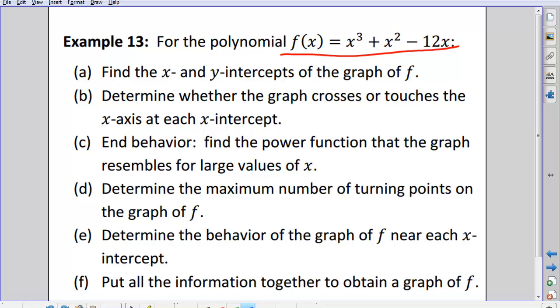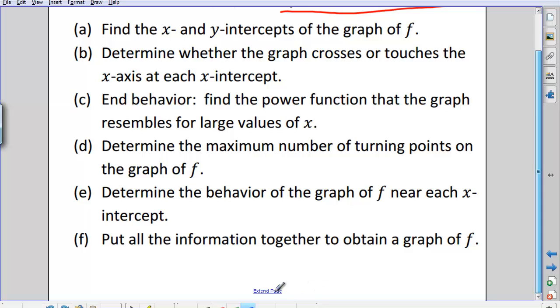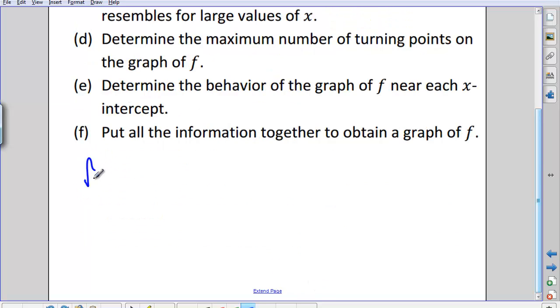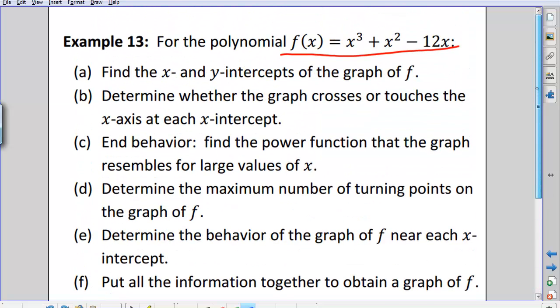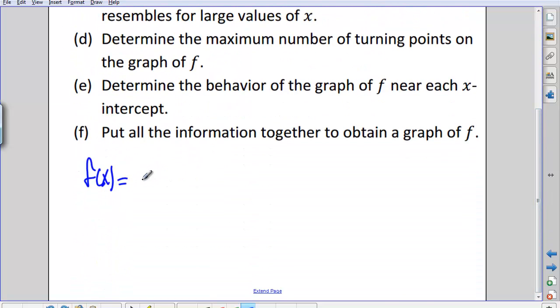So one thing that's helpful as you start into this is if you can factor your function at all, that's going to help you as you start to answer some of these questions. So x cubed plus x squared minus 12x. If you want to factor that, first you notice there's a common factor of x.